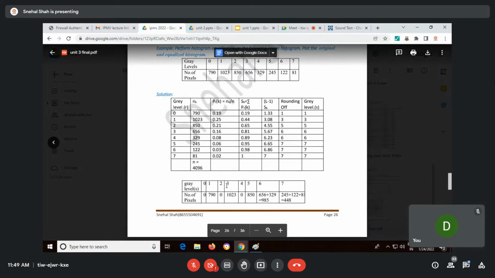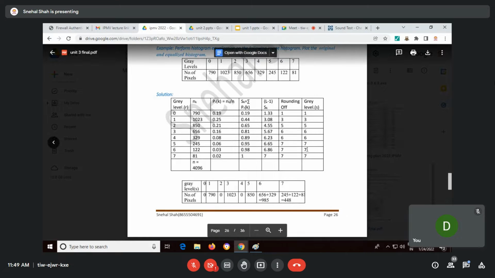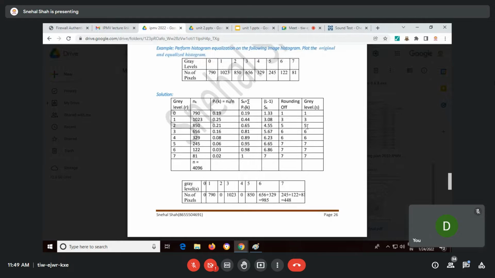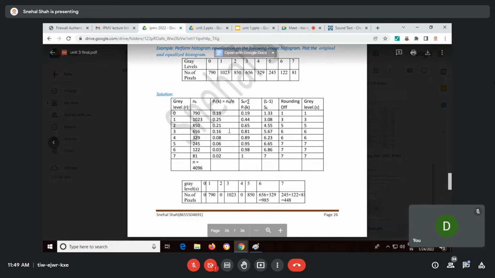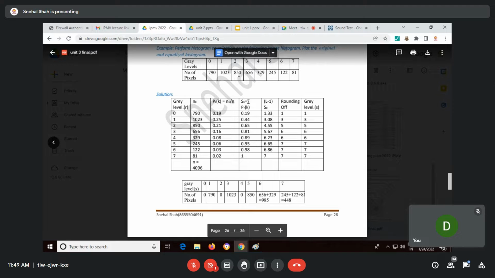Now again 4 is absent, so write down 0 for that. For 5, it indicates 2 in the old image. What are the pixels for 2 in the old image? It is 850. You write down 850 for 5 in the new image.